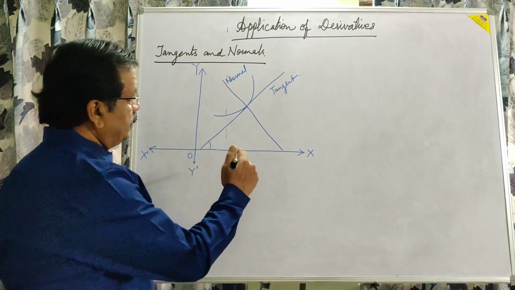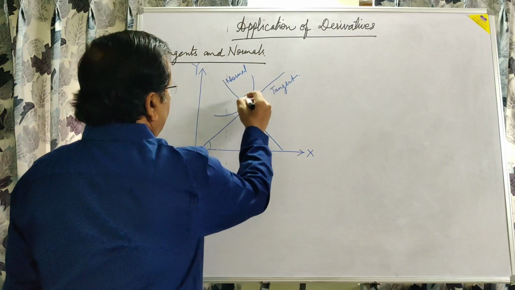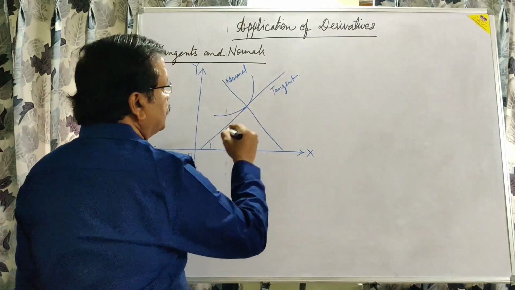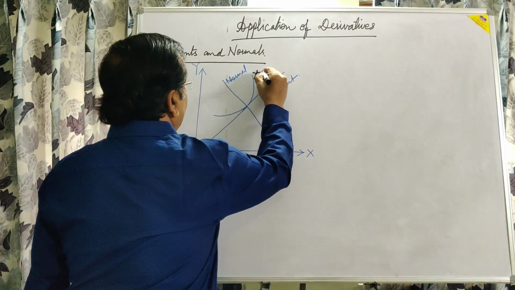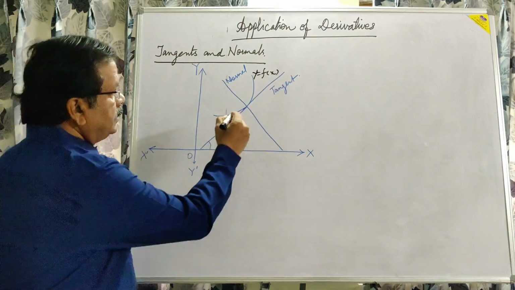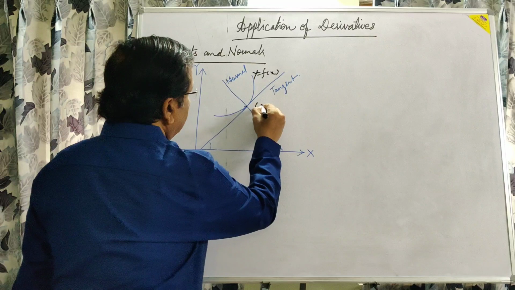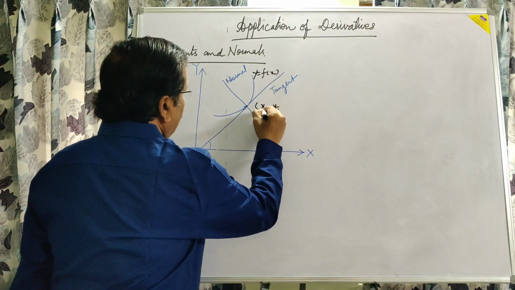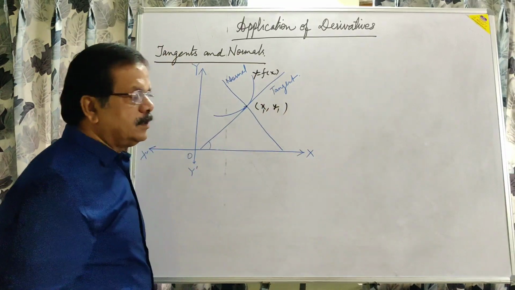Now again I am revising here. You just see, this is the equation of the curve y = f(x), and (x1, y1) is a point on the curve.